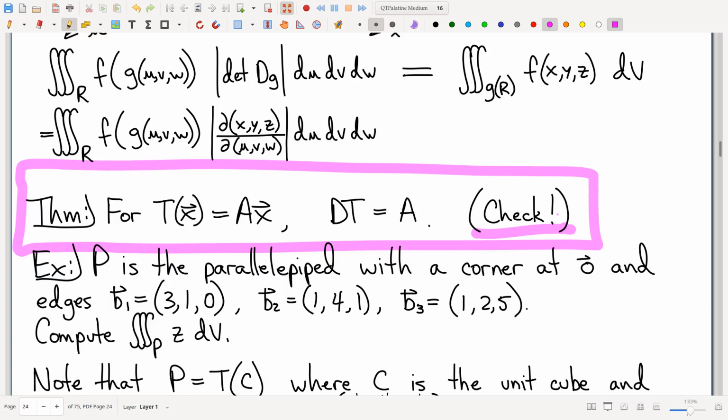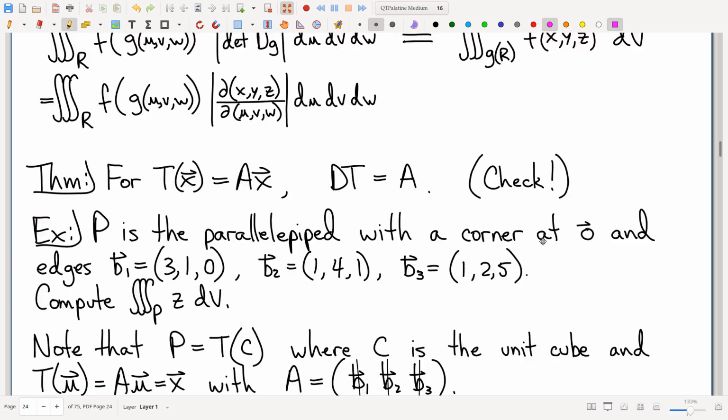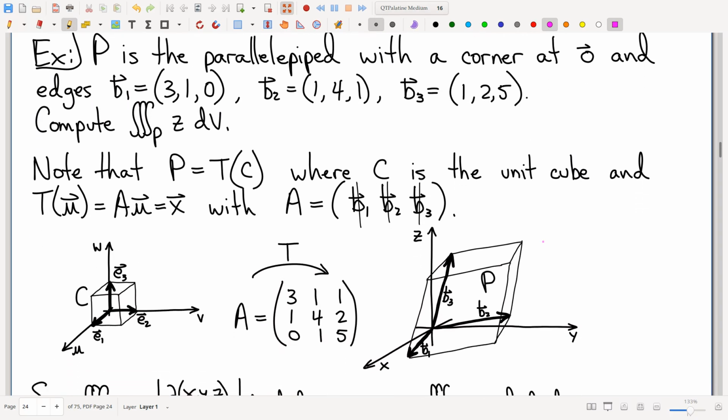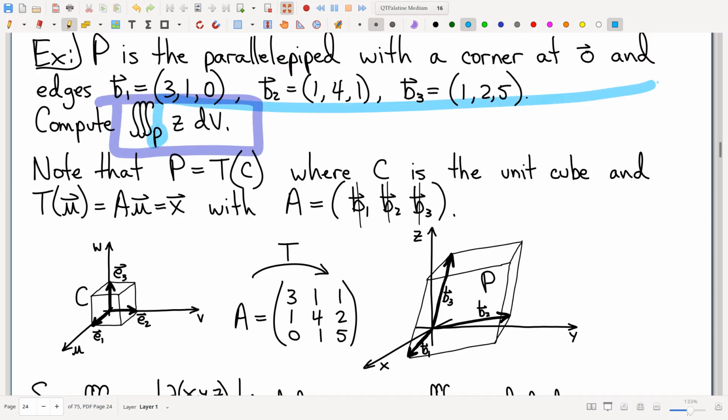So with that noted, let's go on to the example. This is a lovely example where we're going to turn an extremely difficult problem into an easy problem. Our domain here, we're looking at an integral. The domain for this integral is a parallelepiped, like I have drawn here.